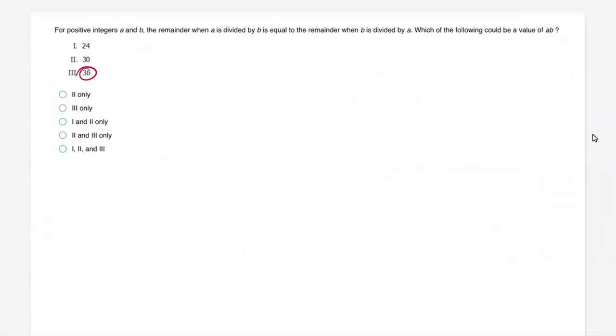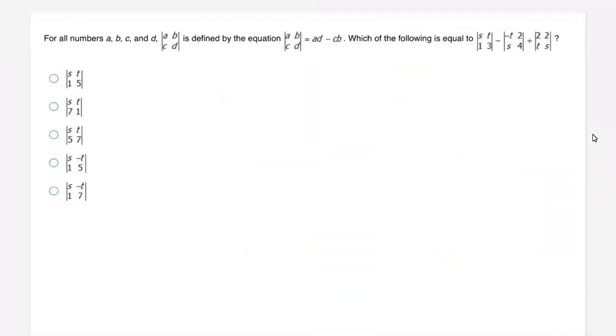So the remainders are only equal if both numbers are equal. Okay, there's a rule here. It's like a matrix, but you don't need to know that. Go ahead. I'll give you guys 3 minutes for this one.